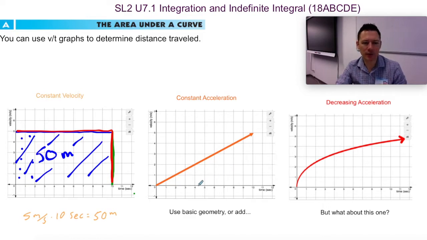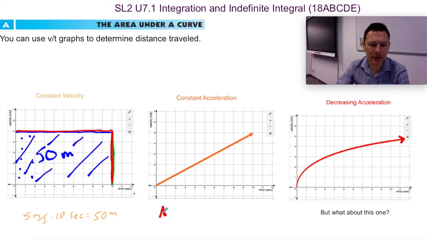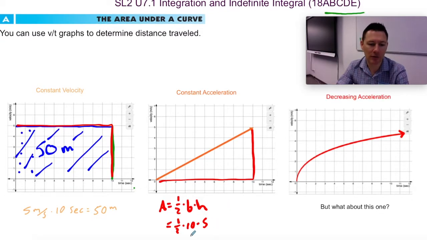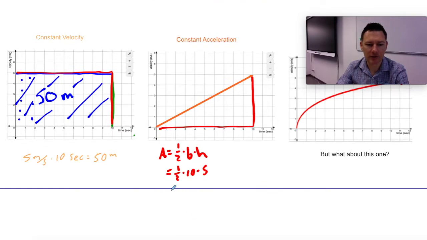Or you could use some basic geometry, which is the area of a triangle: 1/2 base times height. This base is 10, so we get half times 10, and the height is 5. It should be 25, half of the previous one. So the area here is 25.